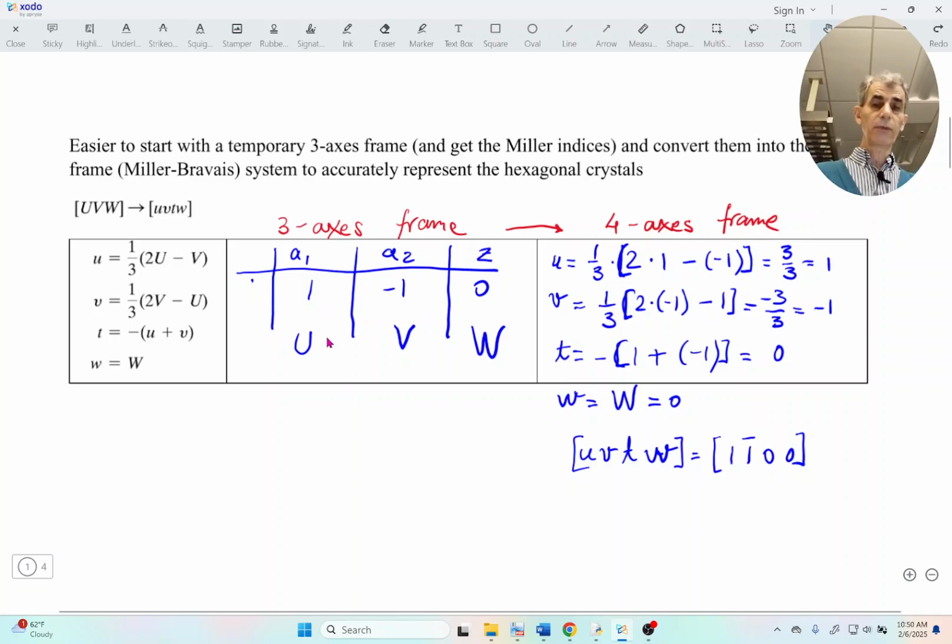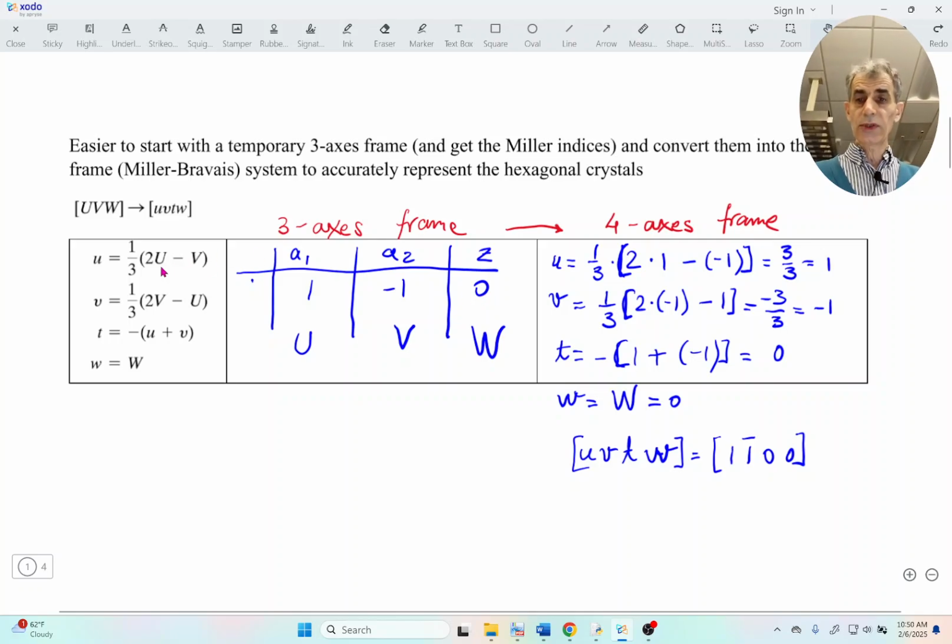If we normalize, in other words, we drop that a and divide by a, 1a divided by a gives 1, minus 1a divided by a gives minus 1, and here we have 0c divided by c, which gives 0. So we drop the lengths along those, and we get the projections: capital U will be 1, capital V will be -1, and capital W will be 0.